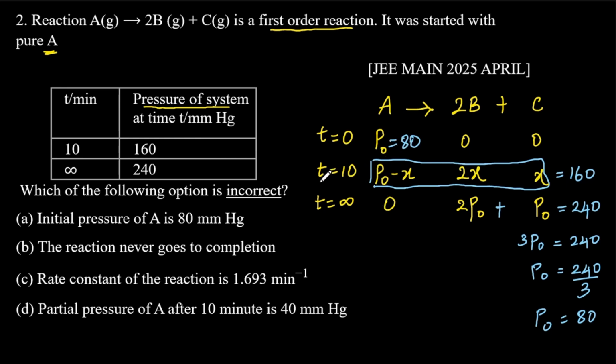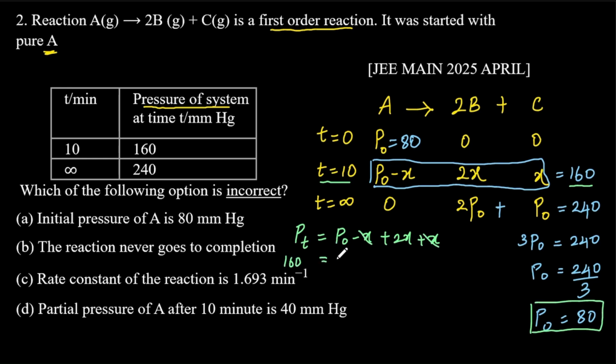Now let us go to the time 10 minutes. So here the total pressure is given as 160. So let us write P total is equal to the sum of all the partial pressures, P naught minus x plus 2x plus x. So P total, which is 160, is equal to P naught plus 2x.